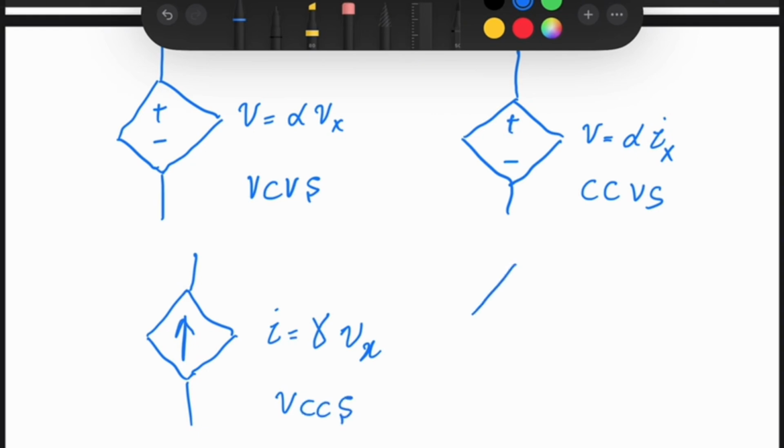And finally, we have the current controlled current source, meaning that the current is controlled by another current in the circuit.